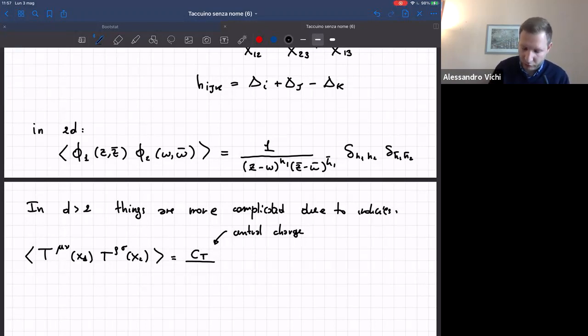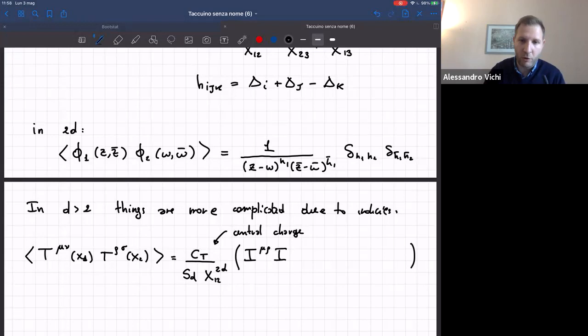And then normally there is also a volume of the sphere S^d. Then of course there is the dependence on the coordinates to reproduce the scaling x12 to the power twice the dimension of the stress tensor, which in any dimension is d. And then there is an object which reproduces the tensor structure. And I'll just write it to show you that you can do this kind of thing. It's not very complicated.